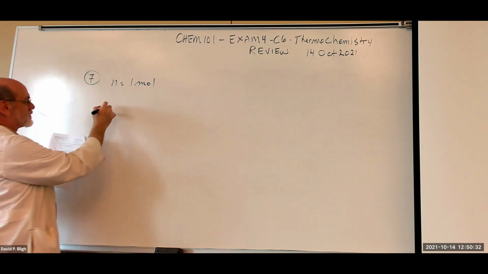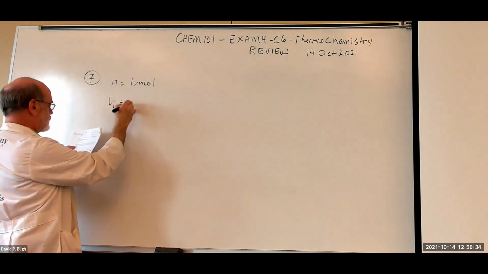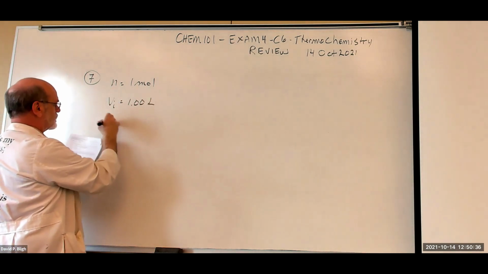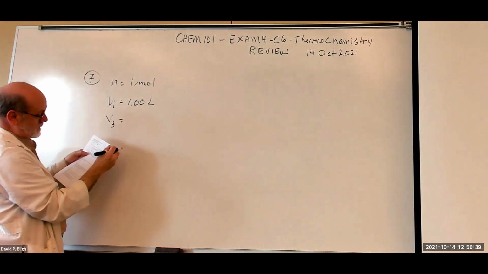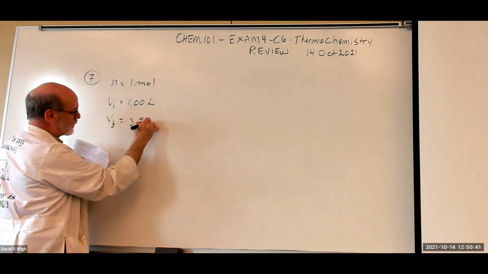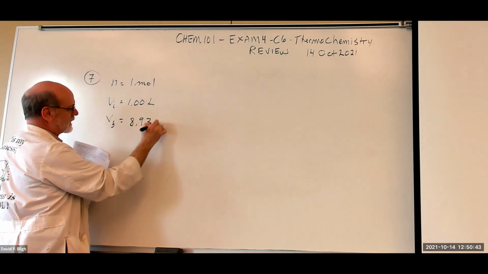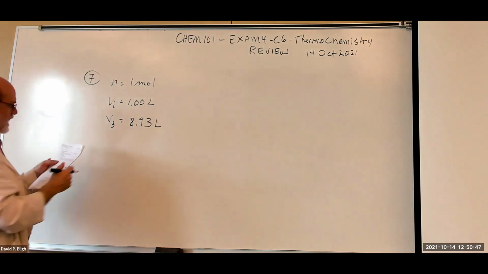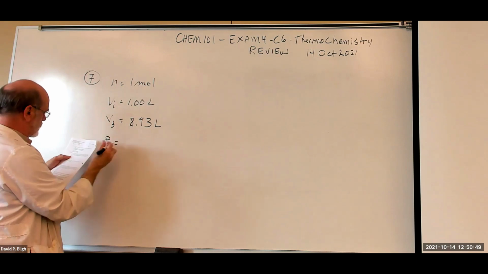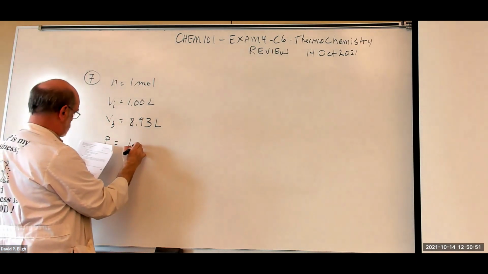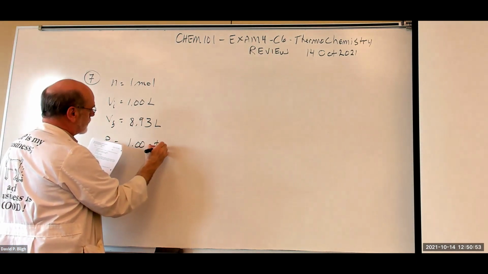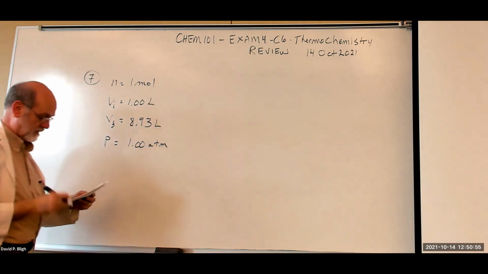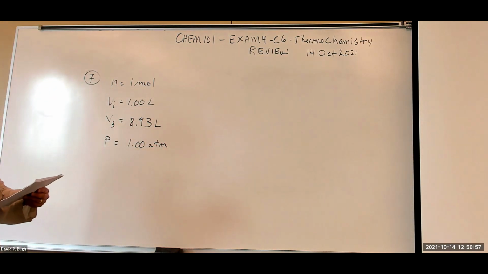And the initial volume is 1 liter, and the final volume is 8.93 liters. And the pressure, constant pressure, is 1 atmosphere. How much work in joules is performed on the surroundings?